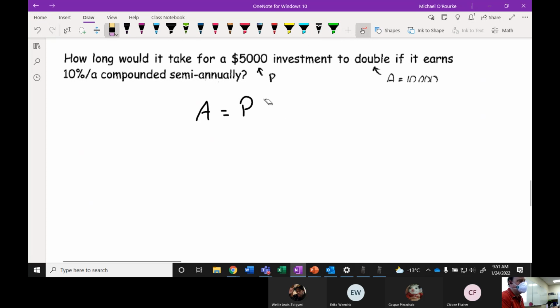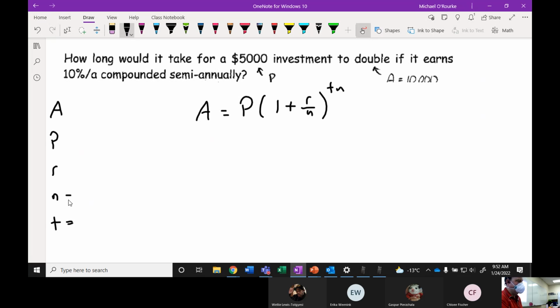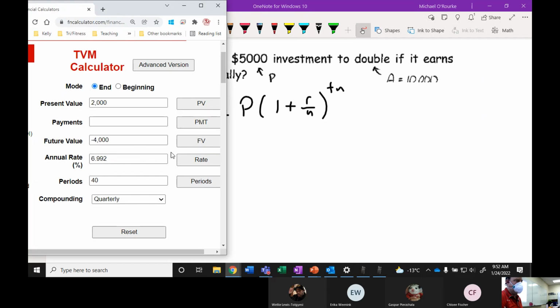Well, you guys have done this already, so 51%. So what's my A value? What's my P value? What's my R? What's my N? What was my T? What percentage was the question you just did? It was 0.06.